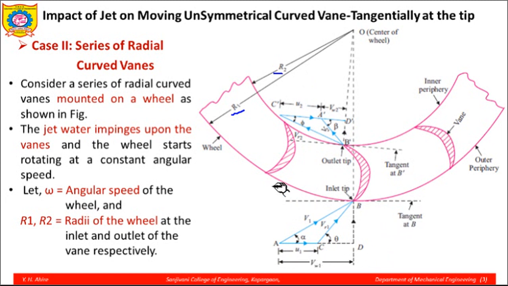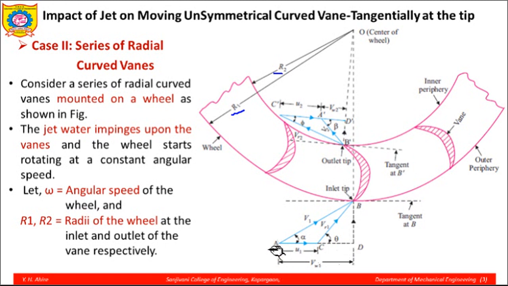As usual, as the wheel starts rotating, it will have peripheral velocities which are different at the inlet tip and at the outlet tip. At the inlet tip, the peripheral velocity of the vane is called u1. At the outlet tip, the peripheral velocity of the vane is called u2.